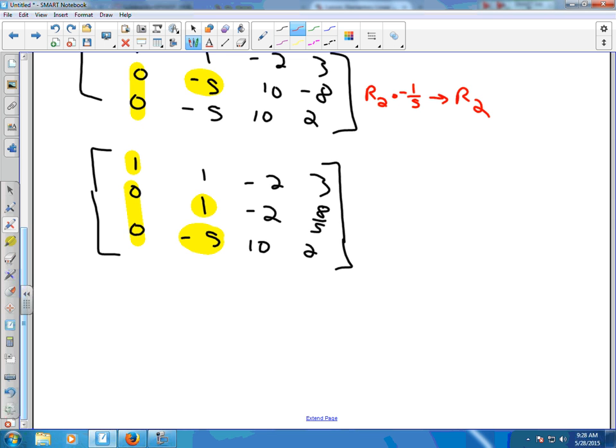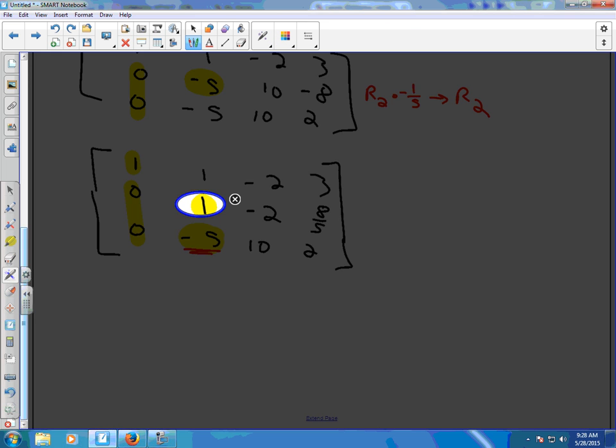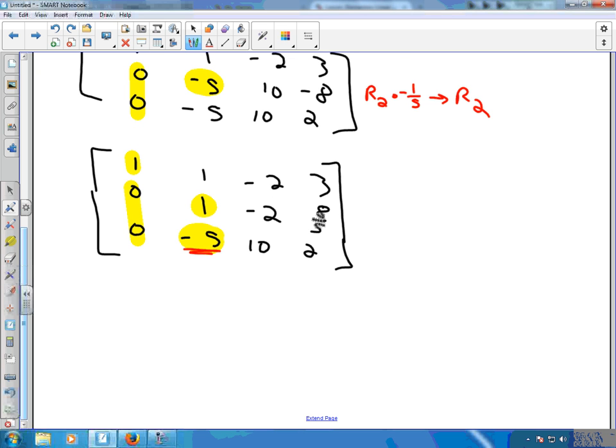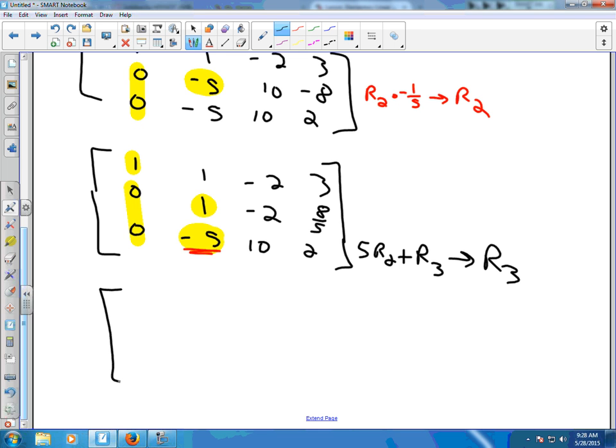So to get a 0 here, we want to add 5 to that, so the easiest way to get a 5 is to multiply that times 5. So we're going to do 5 times row 2 and add that to row 3, and that'll give us our new row 3. So our first row, not doing anything to it.